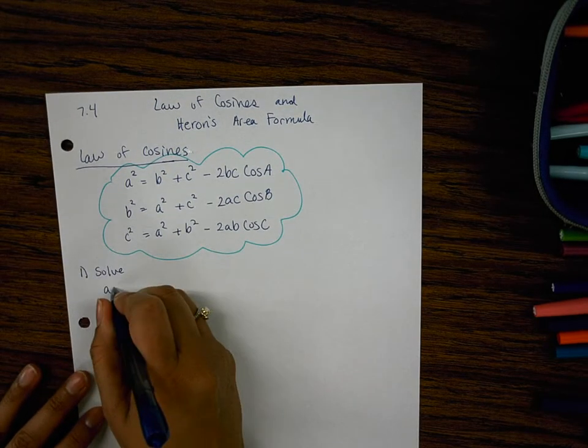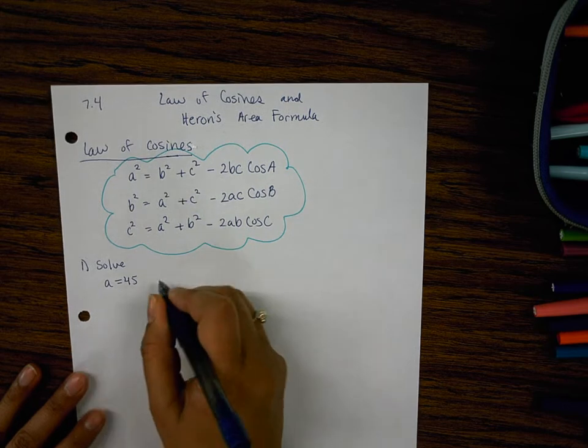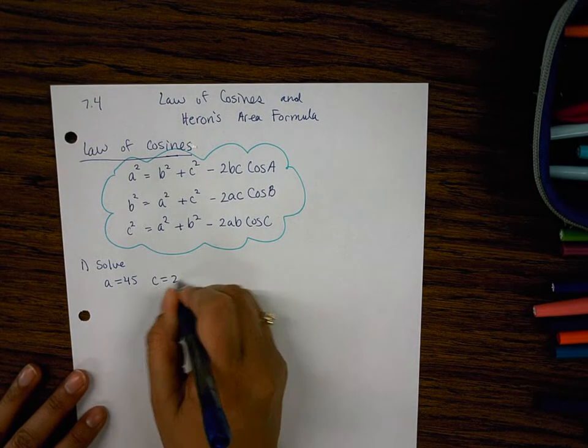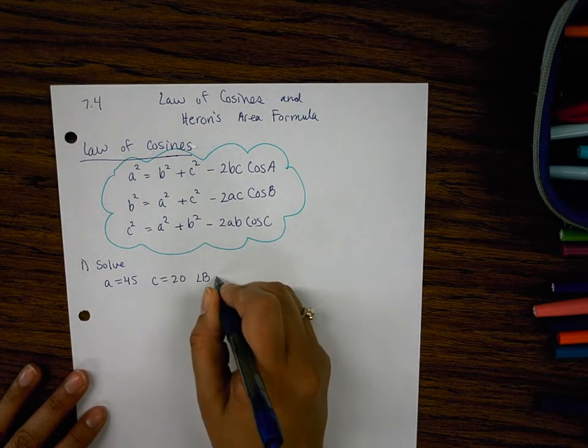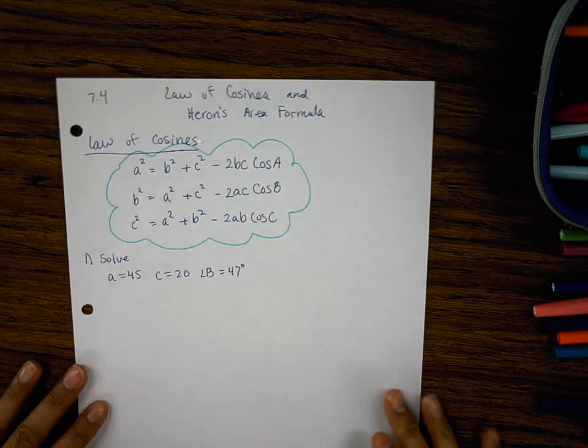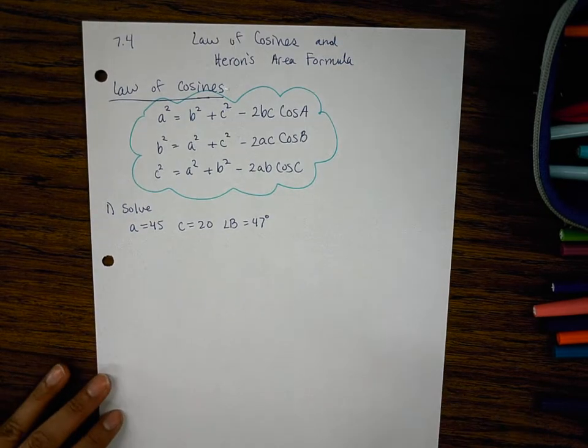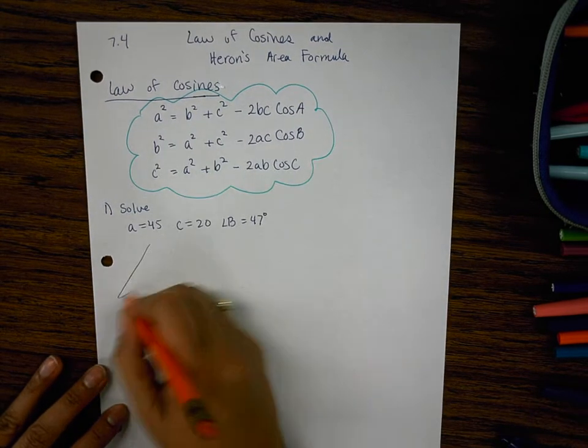All right, number one, solve. Lowercase a is 45, c is 20, and angle B is 47 degrees.